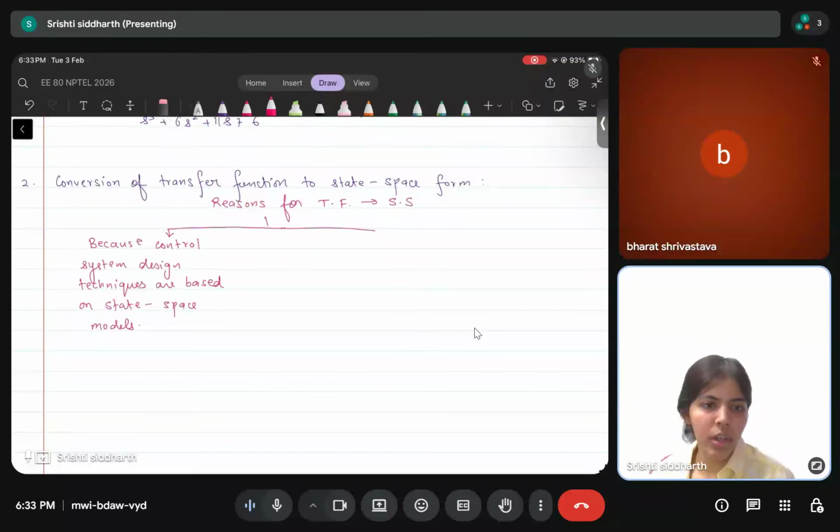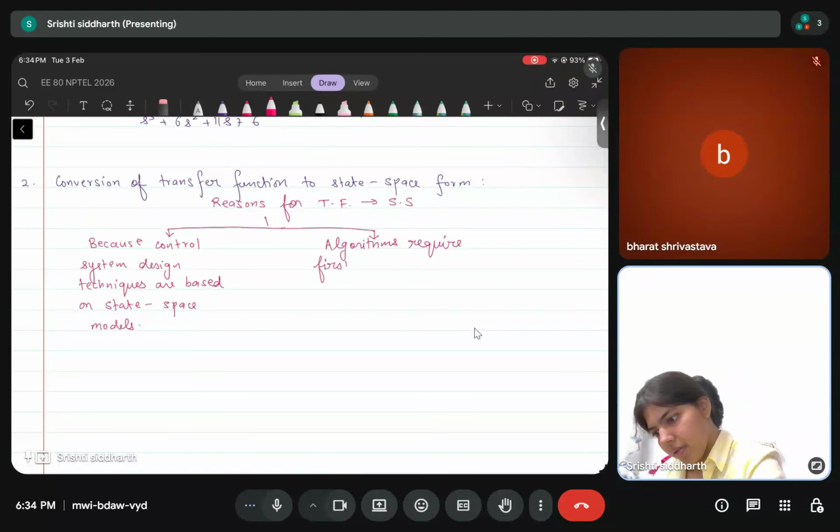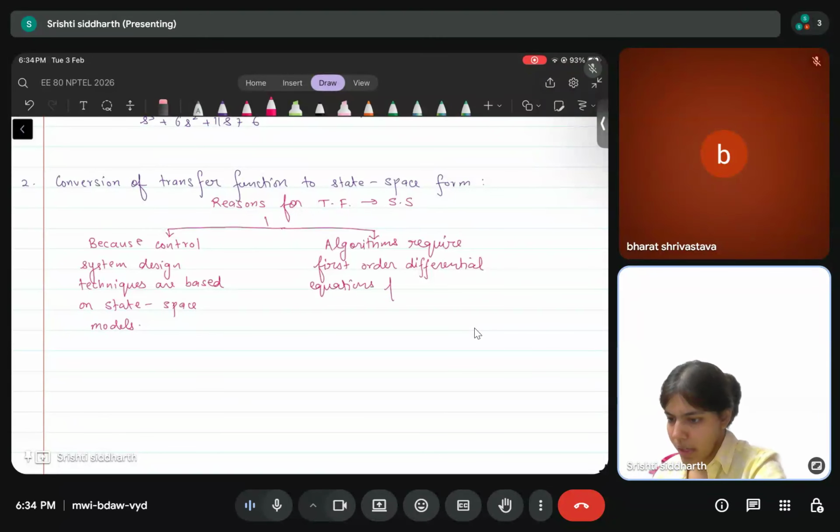In which you convert the differential equation of a system to its first order form, right? And the next one is that algorithms require first order differential equations for simulations and validation of control laws.